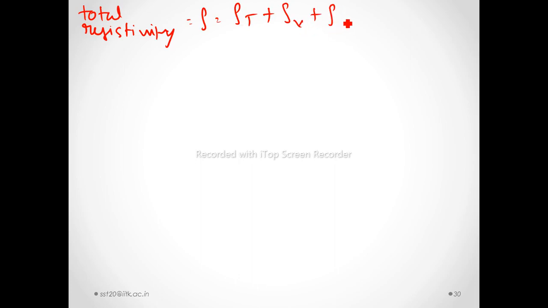Then the total resistivity is given as rho equals rho due to thermal vibration plus rho due to vacancy plus rho due to defects.